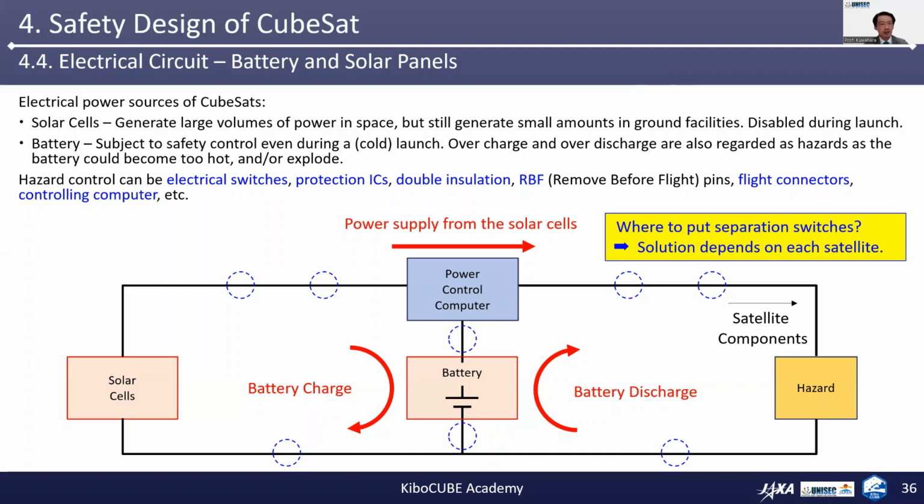This is illustrated in the figure below. The 3 red lines indicate the possible current flows inside the satellite. The power generated by the solar cells is used for charging the battery and or directly consumed by the satellite components. The electrical power charged in the battery can also be consumed by the satellite components. And therefore, the safety design shall take these into account.